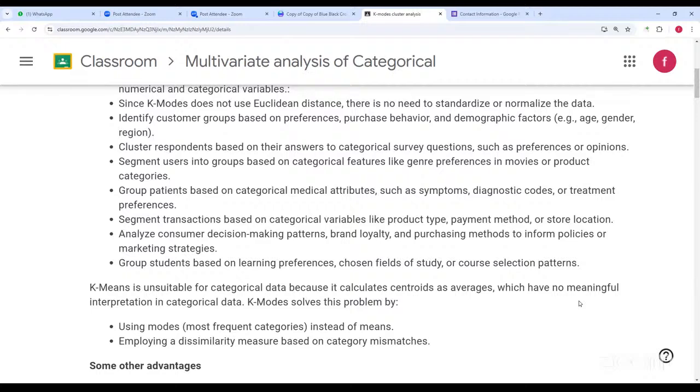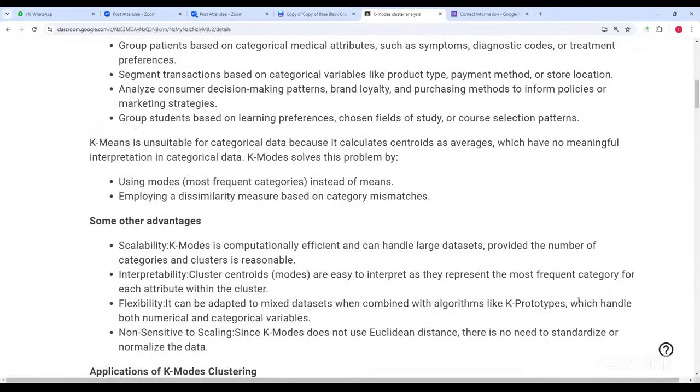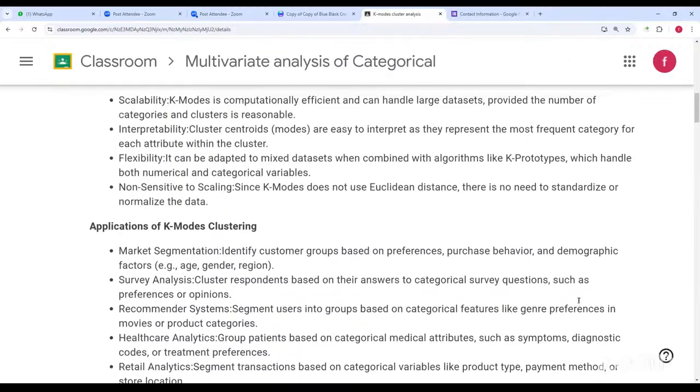Flexibility. It can be adapted to mixed datasets when combined with algorithms like K-prototypes, which handle both numerical and categorical variables. Non-sensitive to scaling. Since K-modes doesn't use Euclidean distance, there is no need to standardize or normalize the data.